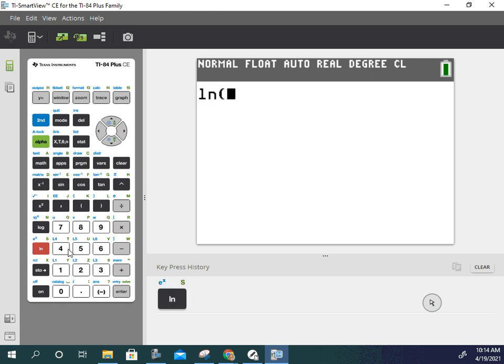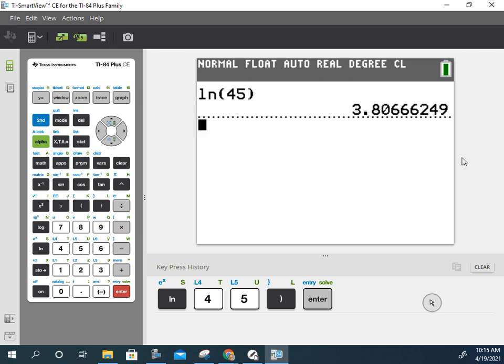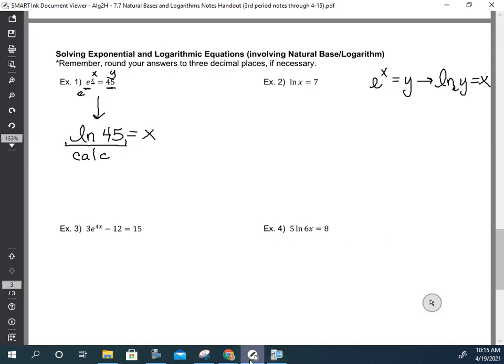So natural log 45 gives you 3.8066. Remember, we go to 3 decimal places unless the problem tells us otherwise. So 3.806 and the 6 behind it means 3.807 equals x.